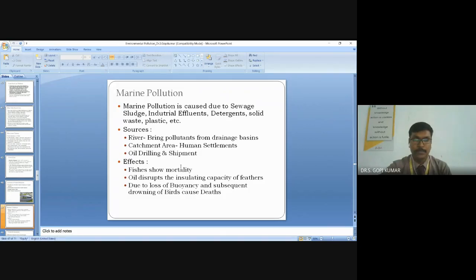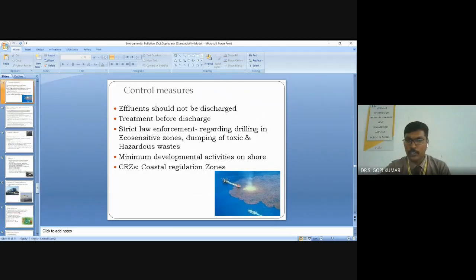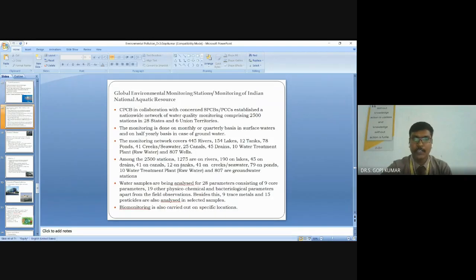And control measures: how can we control pollution in marine zones? By proper periodic monitoring and discharging of treated effluents. So in this slide, global environmental monitoring stations and monitoring of Indian national aquatic resources. Some organizations, such as ISRO and DRDO, directly monitor seashores all around the country, where marine pollution is being controlled.